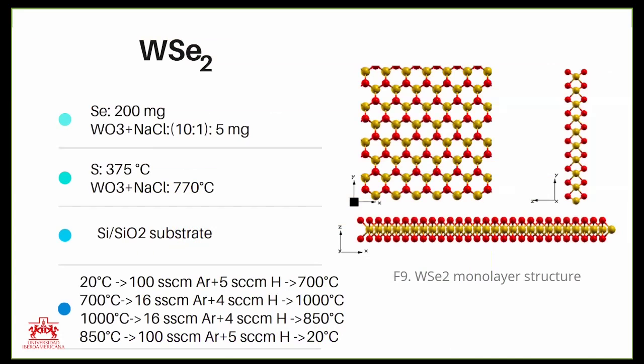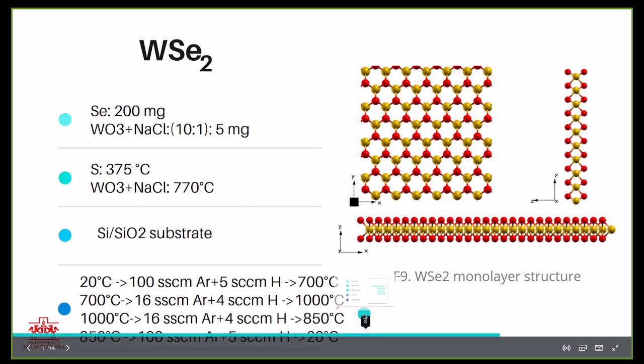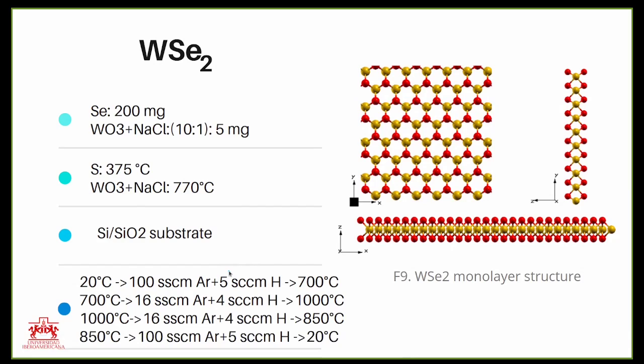And now, in this experiment, we wanted also to have a continuous layer of tungsten diselenide. And you can see the biggest difference here is that we change the flux.